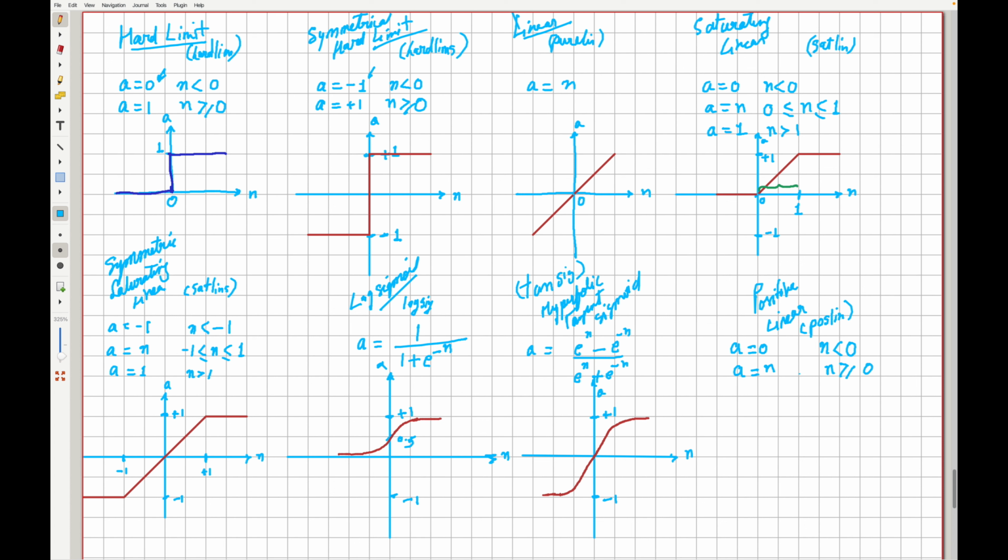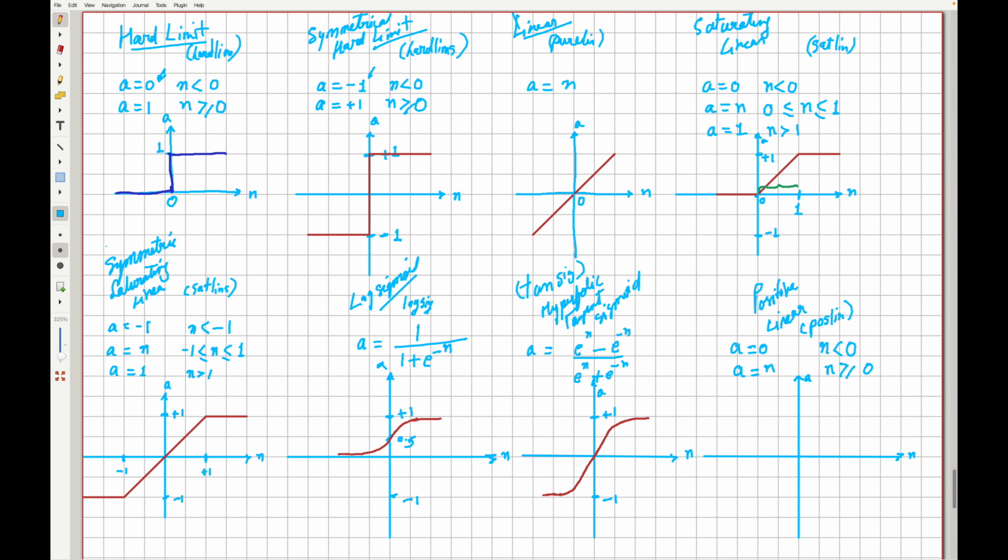Let's draw that here. Let's get the straight line, and that's what we have for the y-axis. Then this is our x-axis, and let's label this as n, and this as a.